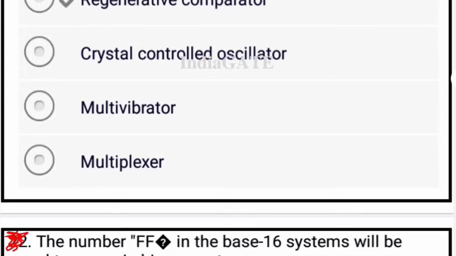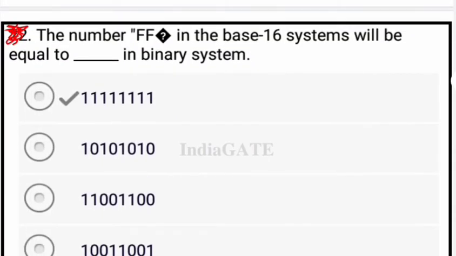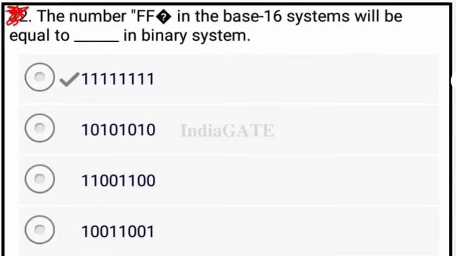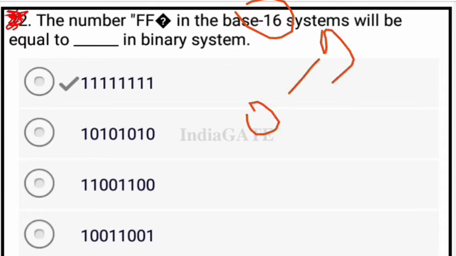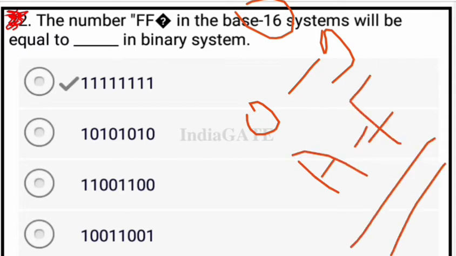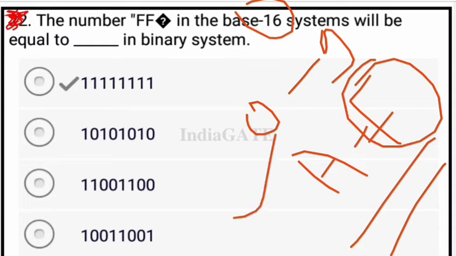Now come to the next question. The next question is defined as the number FF in base 16 will be equal to what in the binary system. Okay, so we know that base 16 means hexadecimal, where we use the digits 0 to 9 and the alphabets A to F, and FF represents what?